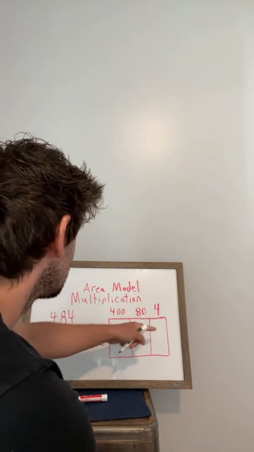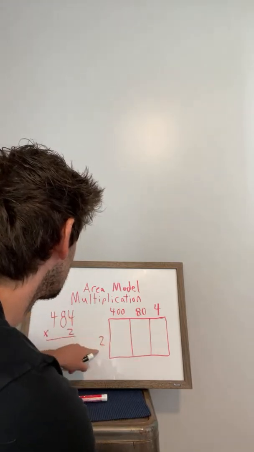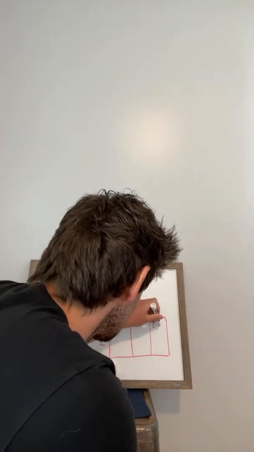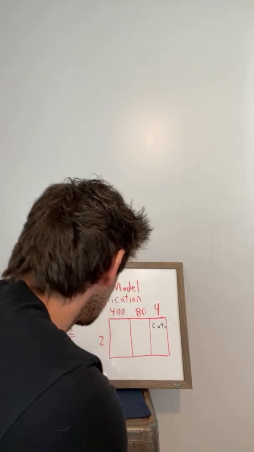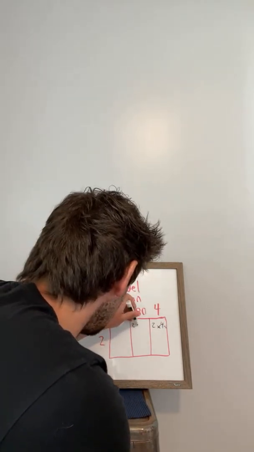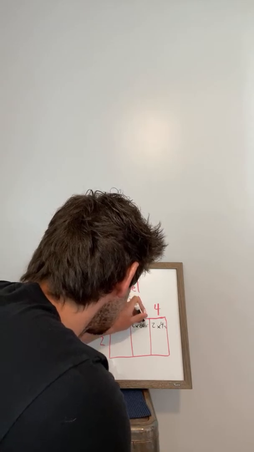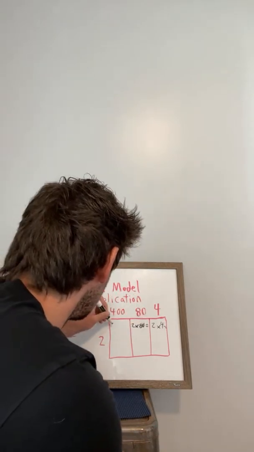Alright, so in this box, we're going to multiply 2 times 4. In this box, we're going to multiply 2 times 80. In this box, 2 times 400.